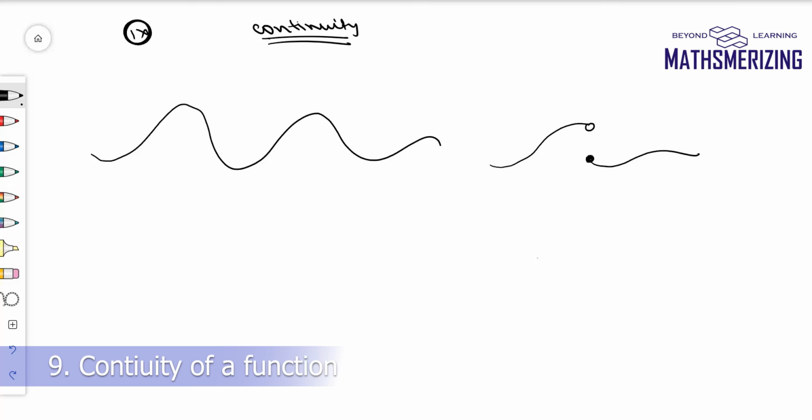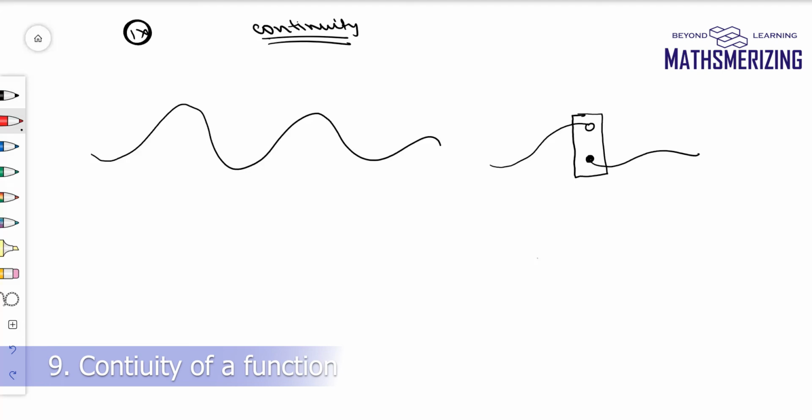Now the ninth thing that we'll decide in a graph is whether the function is a continuous function or a discontinuous function. If the graph of the function is connected, then we'll say the function is continuous. And if the graph of the function is disconnected at any point, then we'll say this function is discontinuous at that point.